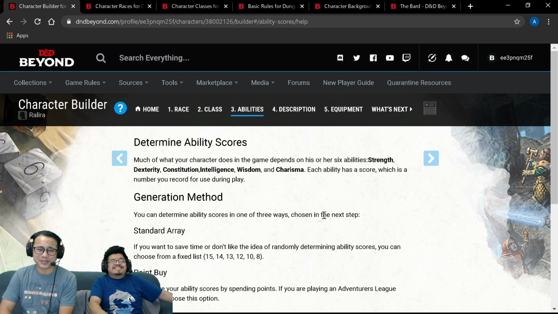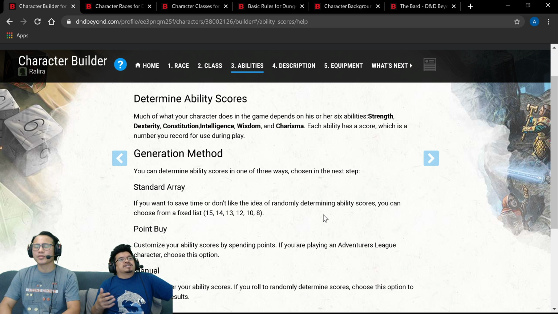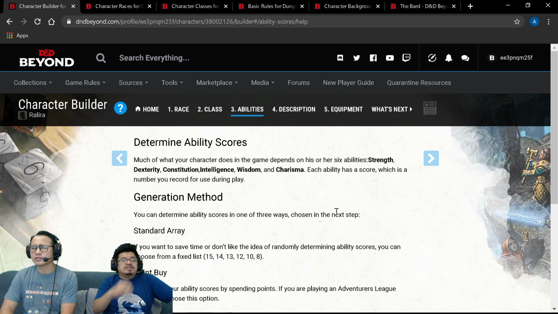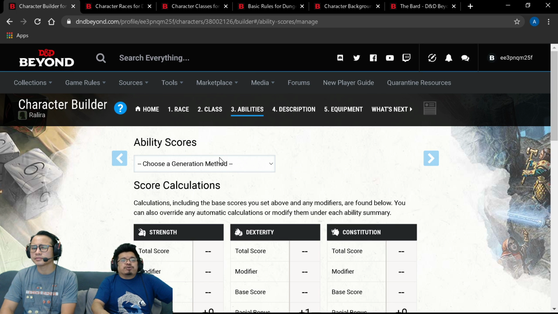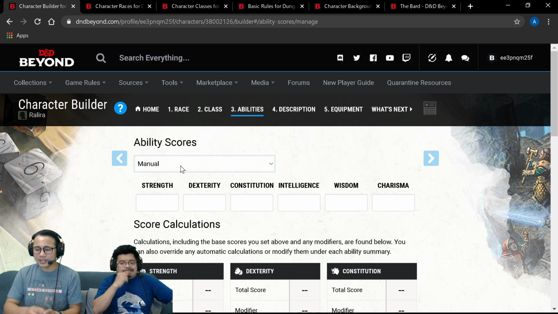We apologize. So now we have to figure out our ability scores, and that's how good we are at stuff. We could do it one of three ways. We could do the old-fashioned way with dice. Yeah, and it's pretty fun. You have four d6s, four six-sided dice.